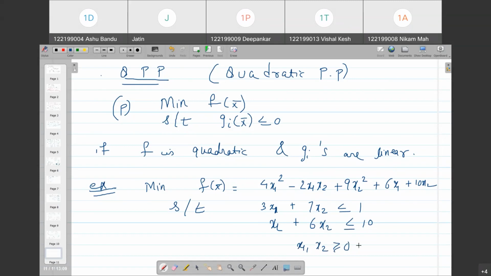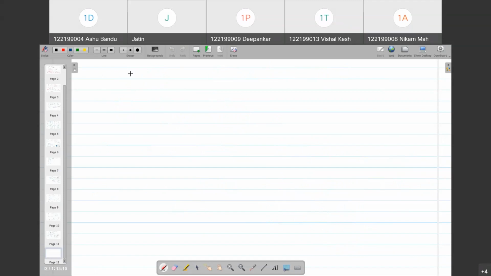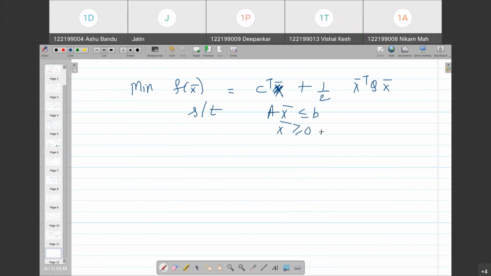Now, why do people study quadratic programming problems? Because it's easy to play with. Why is it easy to play with? Because one can always write down that problem in a nice way, and there are a few more things that I will tell you. You can always write down your problem in this way: half C transpose x bar plus half x bar transpose Qx subject to A x bar less equal b, x bar greater equal 0.